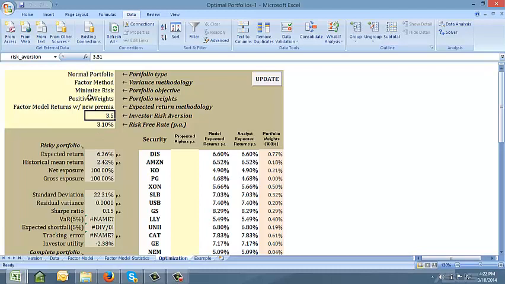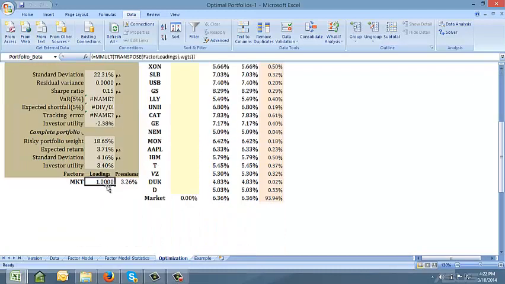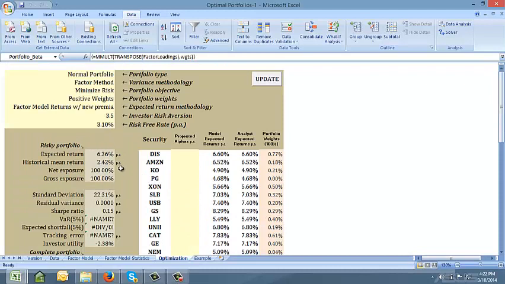They're asking for a minimum variance portfolio of risky assets with net exposure 100% and a beta of 1.01. So first off, it's going to need a normal portfolio, factor method, minimum risk, positive weights, using premia. Update it quick.